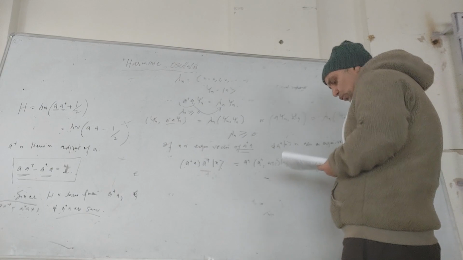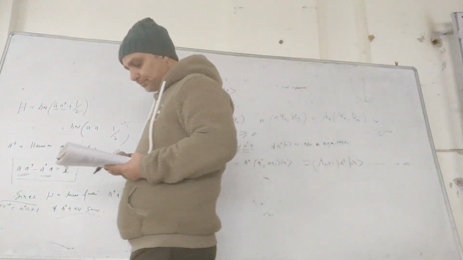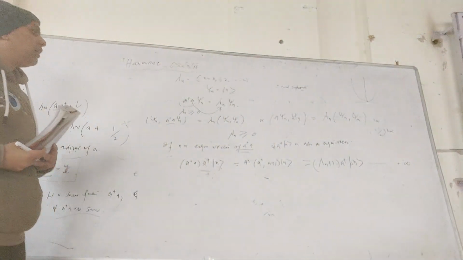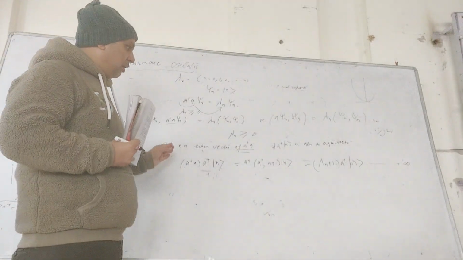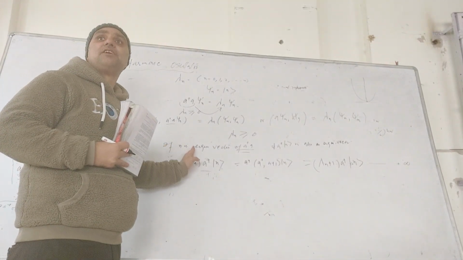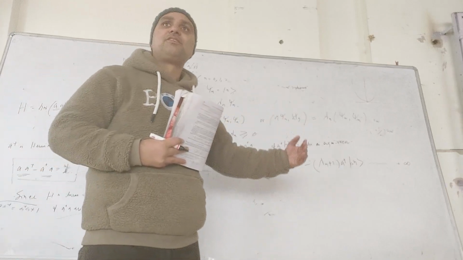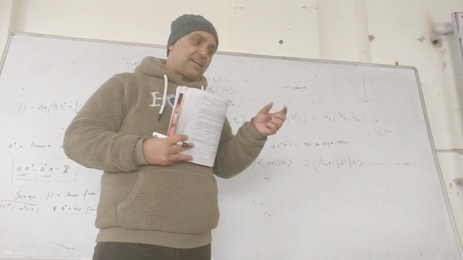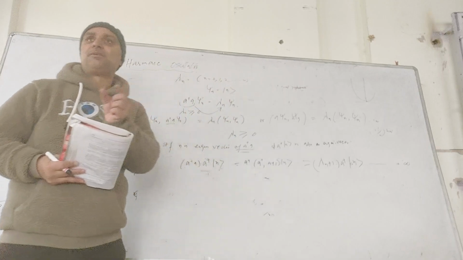The point to show is that the eigenstates or eigenvalues n value is n plus 1, n plus 2, or n minus 1, n minus 2, n minus 3.